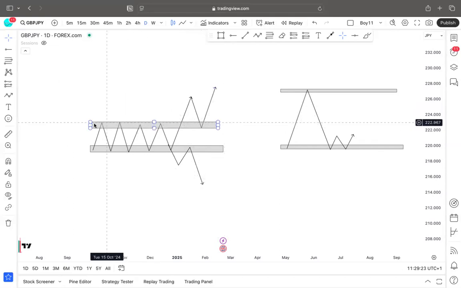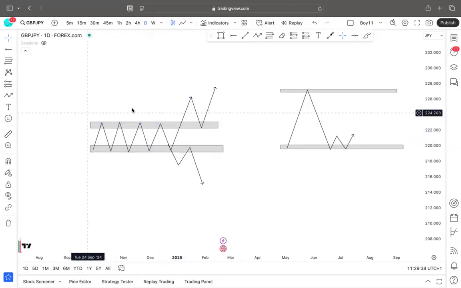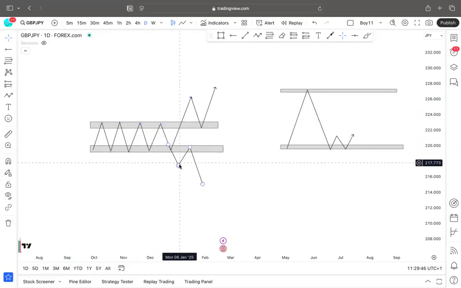Basically, this level right here, I'm using this zigzag line as the price chart, and this right here is a support level. Just because the market tested here so many times does not mean that it has changed. It only proves that this support level is a strong level. Same thing with the downward movement.